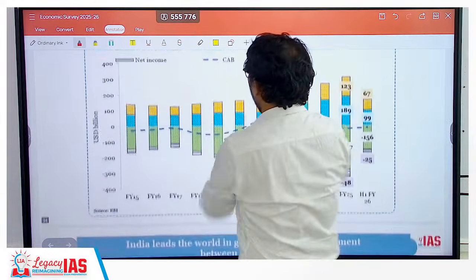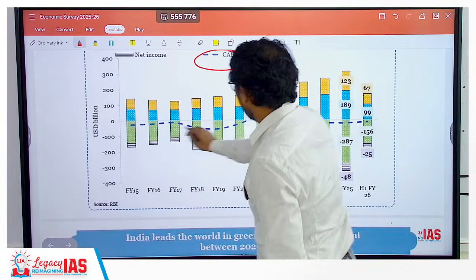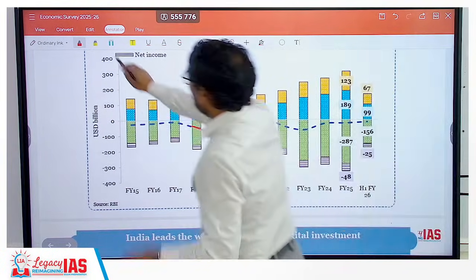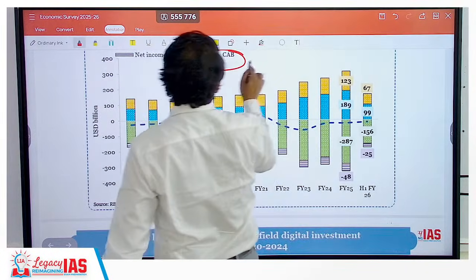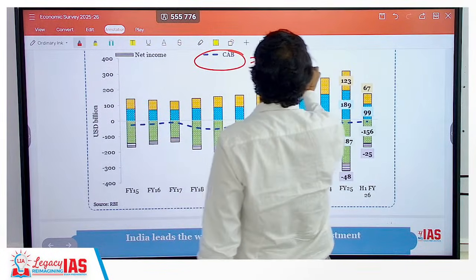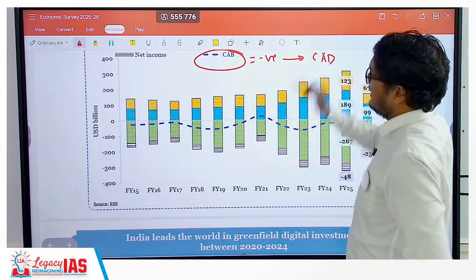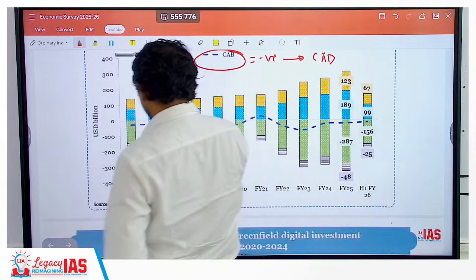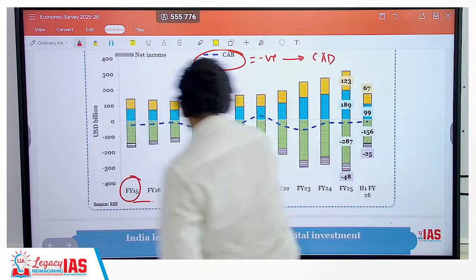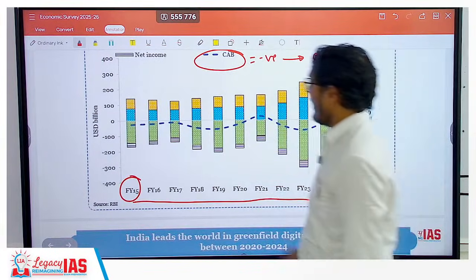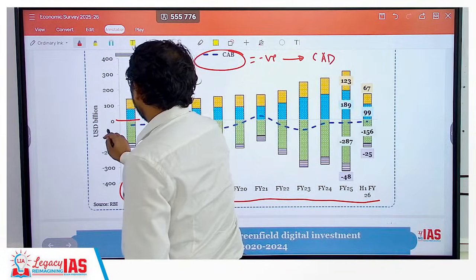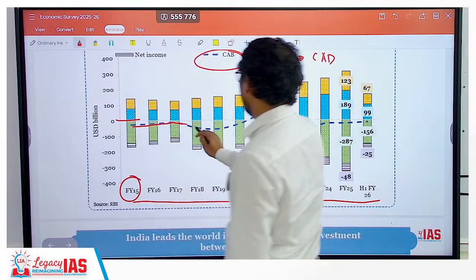Now, that current account balance can be seen with this dotted line. The moment you see that this current account balance is negative, it is called a current account deficit. So if you track it from 2015 to 2026, this is 0, here it is negative, here it is positive. So it has been negative only.